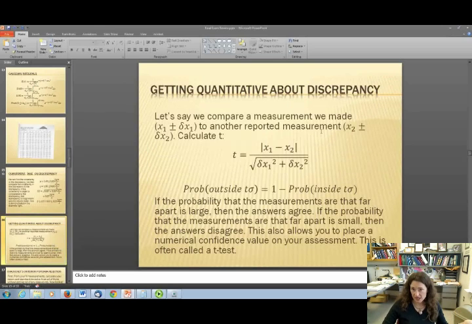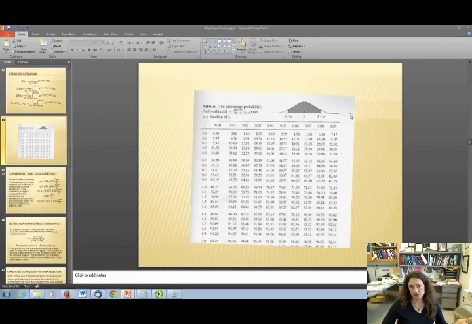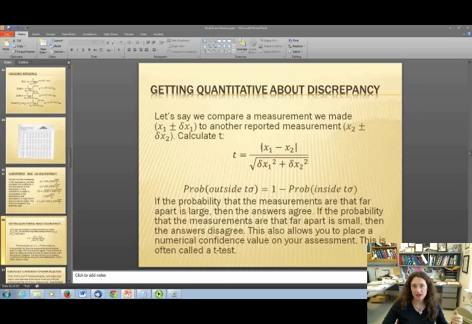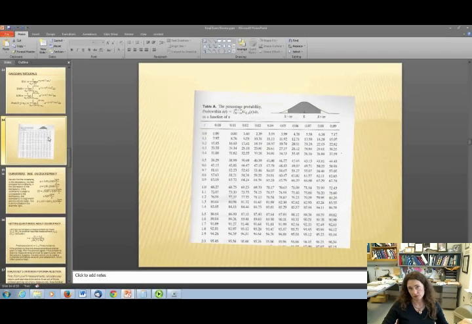If you want to get more quantitative about it, then you can calculate the t-value. Okay? Now, how do you calculate the t-value? So this t-value was also used back here on this slide for the Gaussian distribution function. So for a t-value, you take the difference between the two values, your discrepancy, and then you divide by, for the t-values in the table, the standard deviation of the mean. So let's say that you have a mean for male height of 69 inches with a standard deviation of 3 inches, and you wanted to know what the t-value range was.